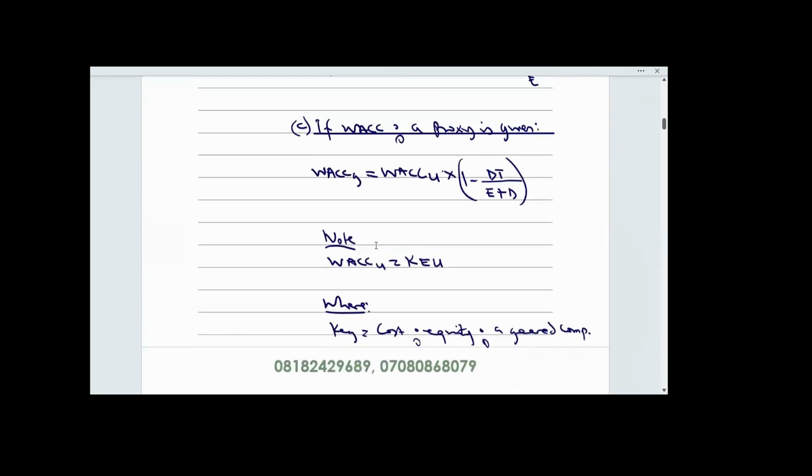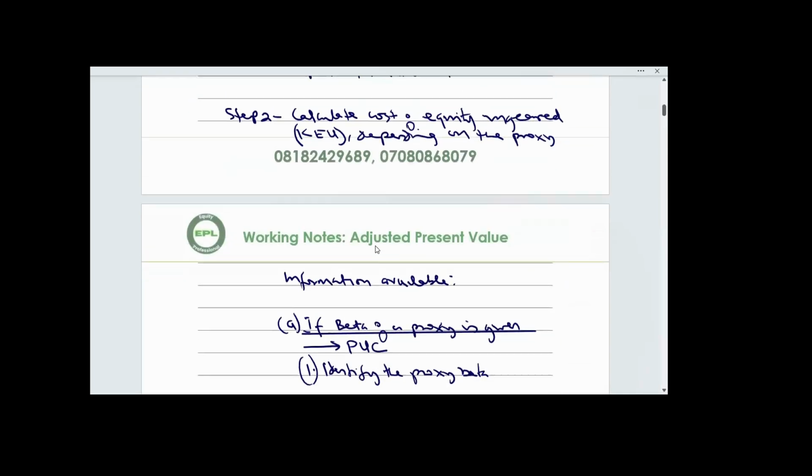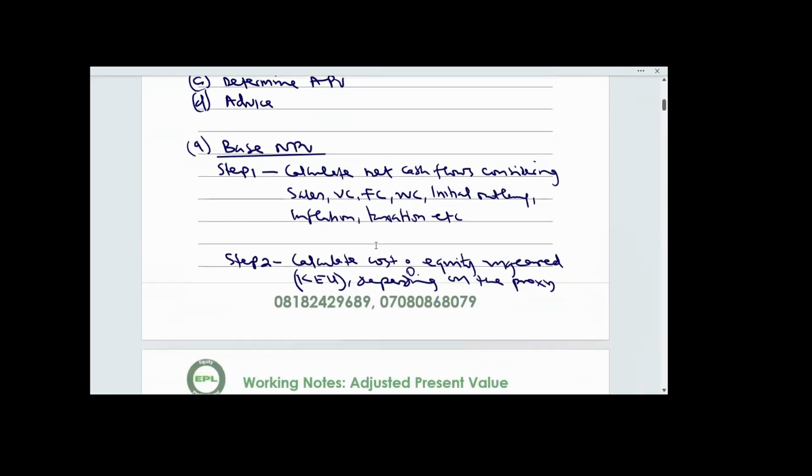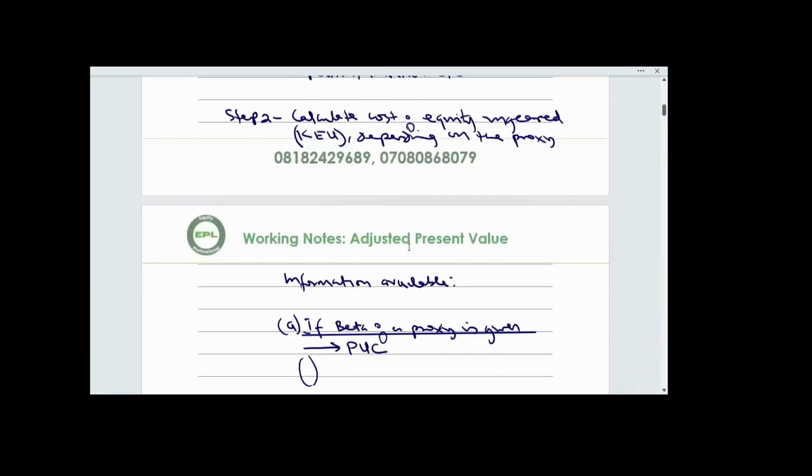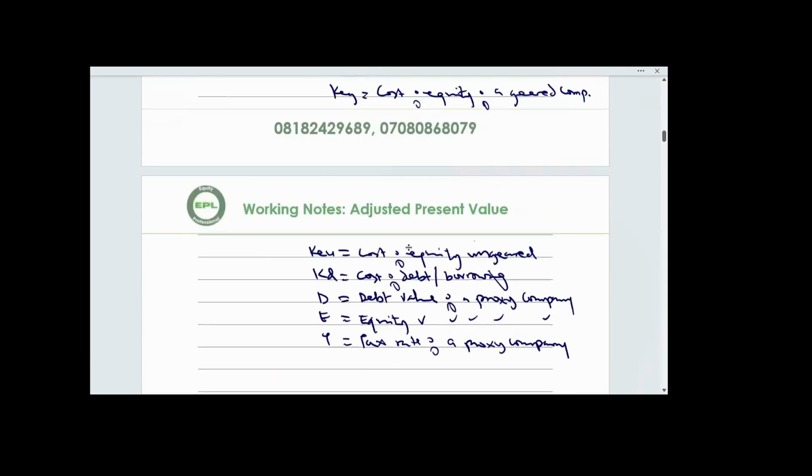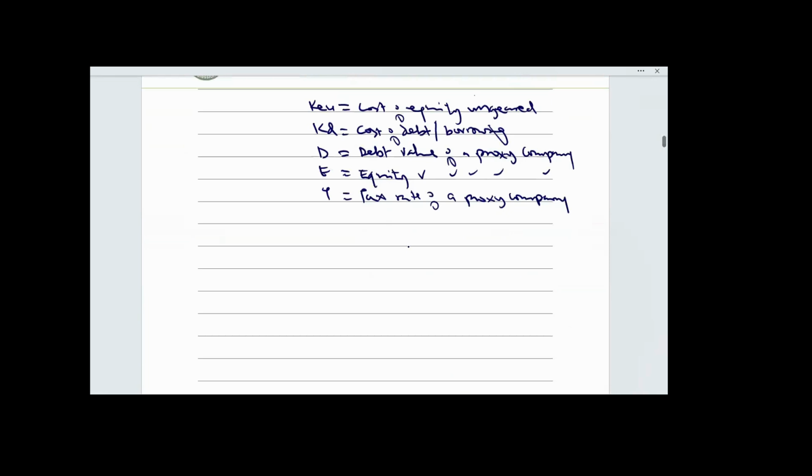Now, you remember, we are still doing base case NPV. So the third step of base case NPV is to calculate the present value. Step 3, calculate present value.